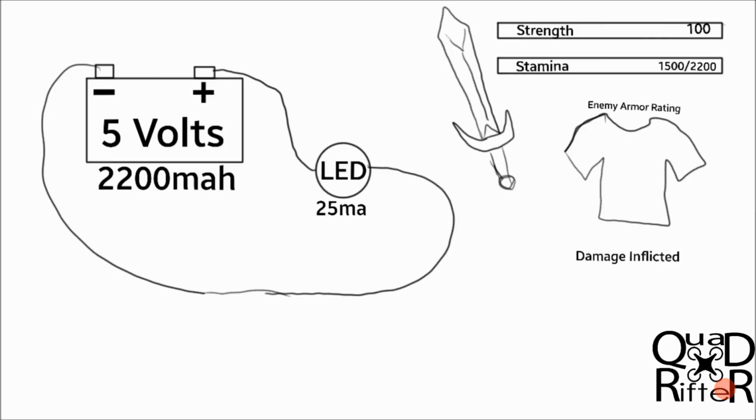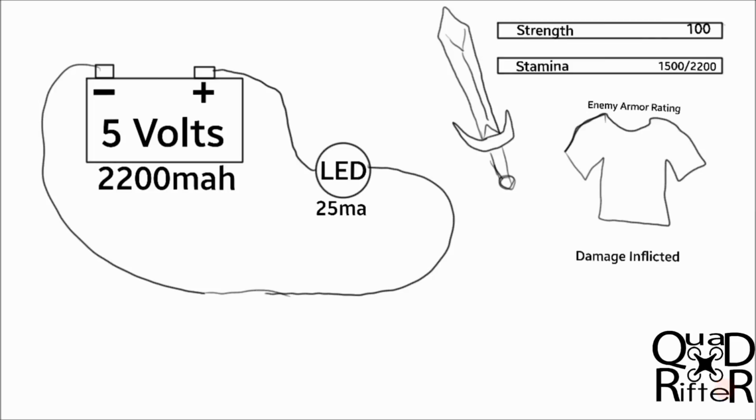So 2200 divided by 1000 is 2.2 amps. So that's a 2.2 amp hour battery. So you take 2.2 amps and you multiply it times 5. That is 11 watts right there.